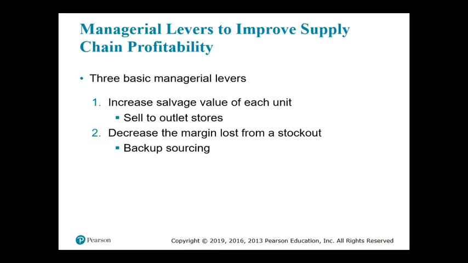So backup sourcing is basically when you don't have inventory for a retailer, for example, when you don't have inventory to satisfy customer demand, you may even purchase inventory from alternative sources or even sometimes your competitors to satisfy customer demand. So that these customer demand are not lost forever. Of course, that's going to be more costly to you than using your own inventory, but it's better than completely losing the demand.